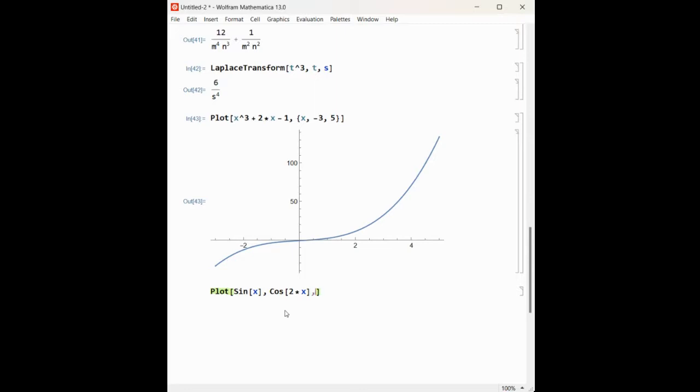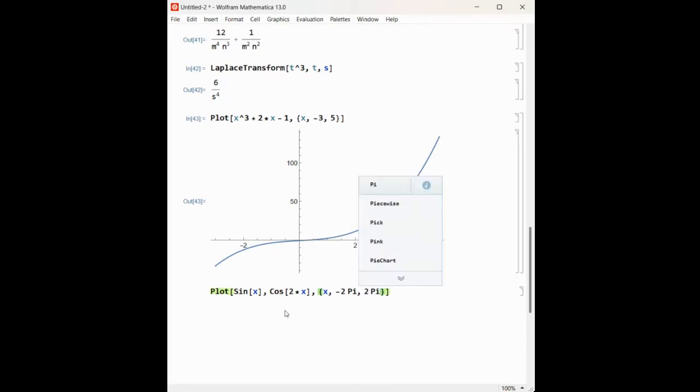And now we specify our values of x. For example, if you say from minus 2 pi to 2 pi.